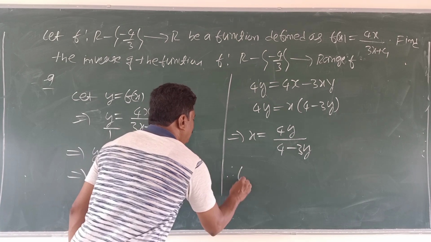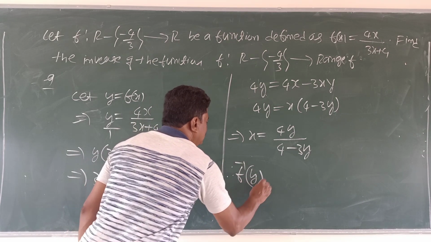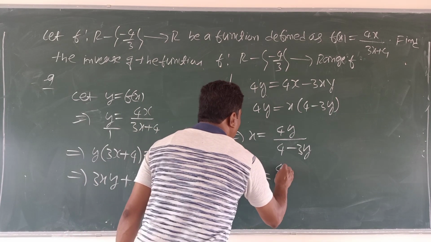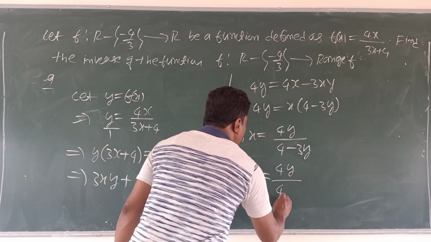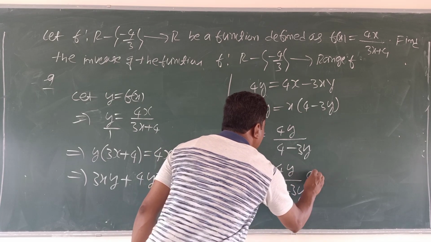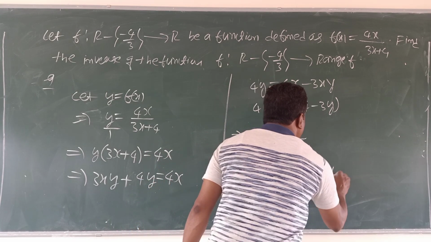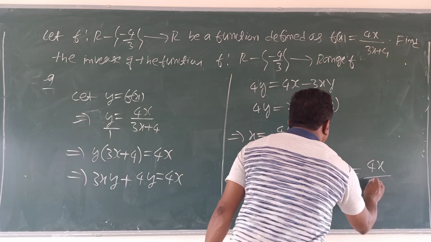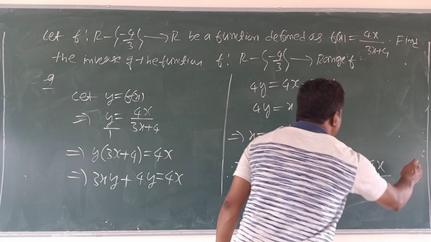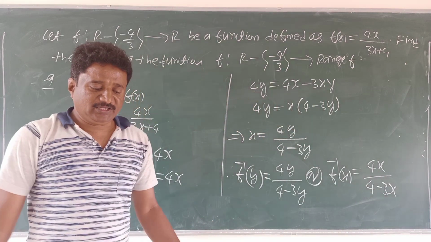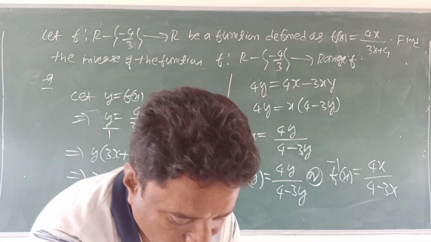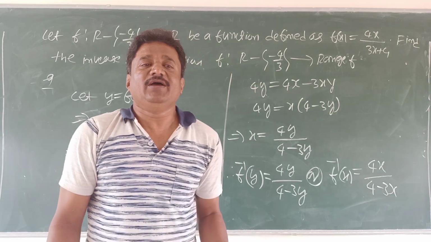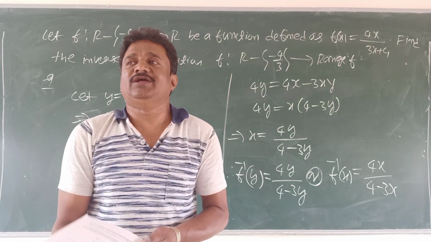Therefore, f inverse y is equal to 4y by 4 minus 3y over R. f inverse x equals 4x by 4 minus 3x. We got that, students. Now let us go for solving 5-mark questions.